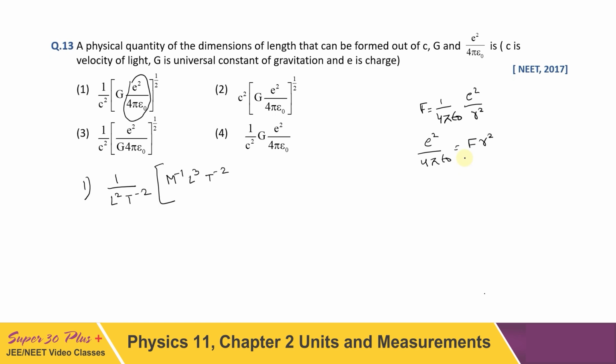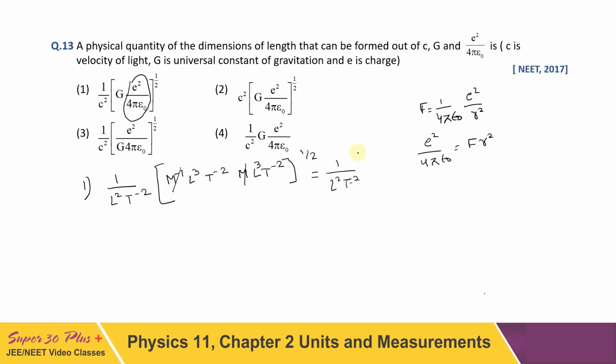If you write it here dimensionally, that would be mLt minus 2 is force and then square of length. So here it would be L cube. This whole to the power 1 by 2. So check it now. What dimension it gives? L square T minus 2, and this M minus 1 got cancelled.